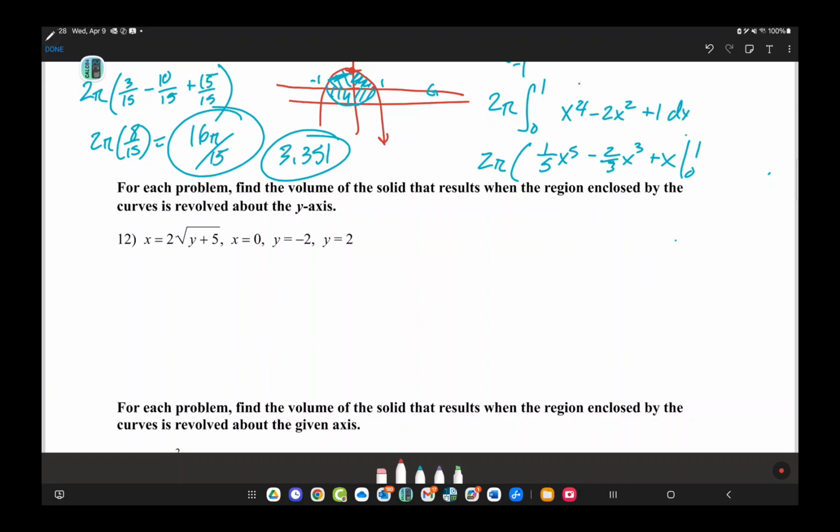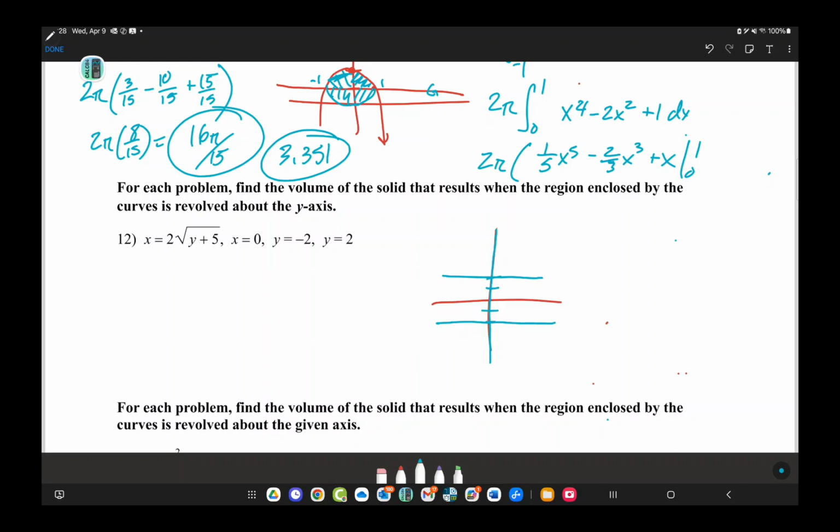So number 12, we graph, switch to y. Okay, we have lines x equals 0, which is the y-axis, y equals -2 and y equals 2. All right.